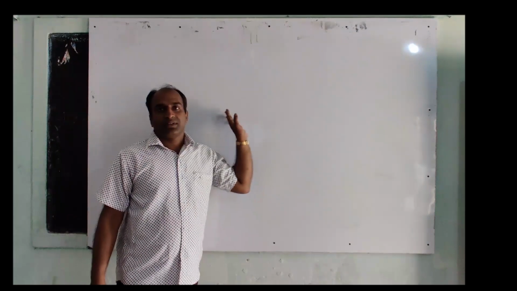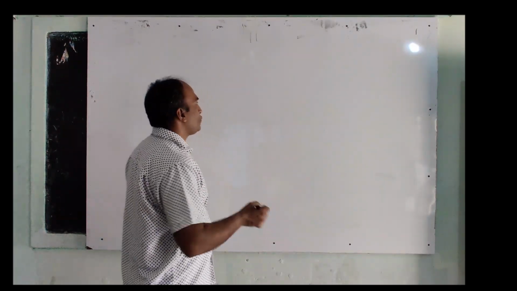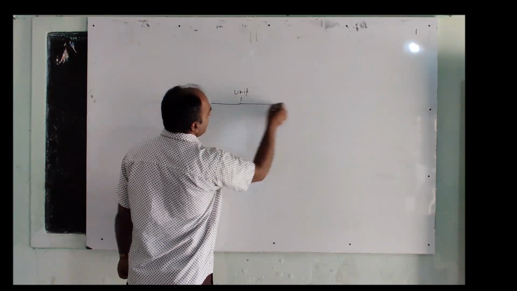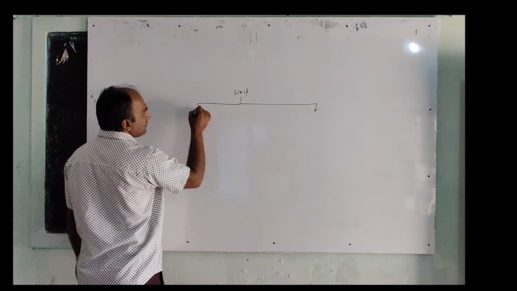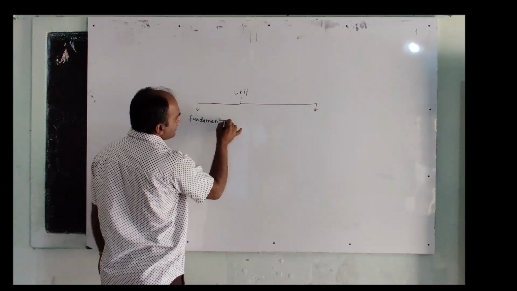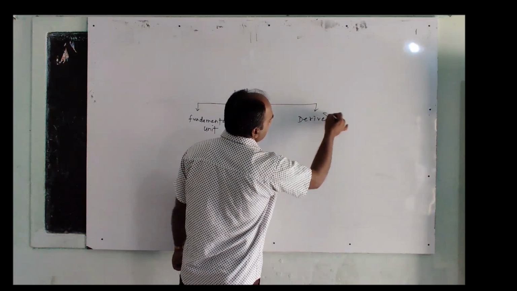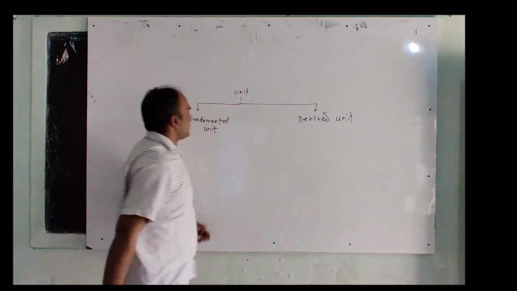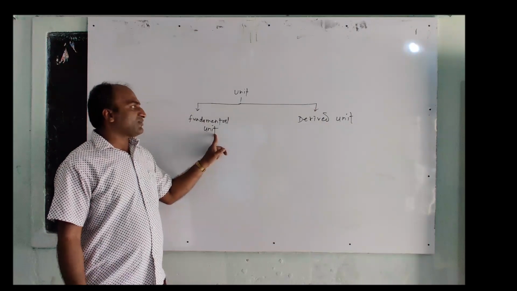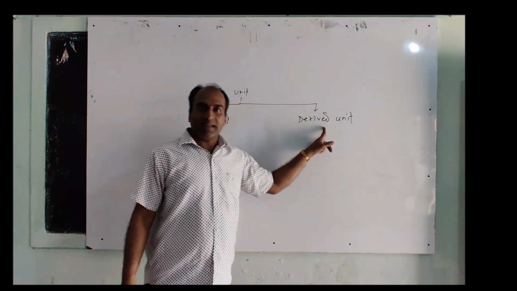Now, here we should understand that units are classified into two types: fundamental unit and derived unit. Unit of fundamental quantities are known as fundamental unit. Similarly, unit of derived quantities are known as derived unit.